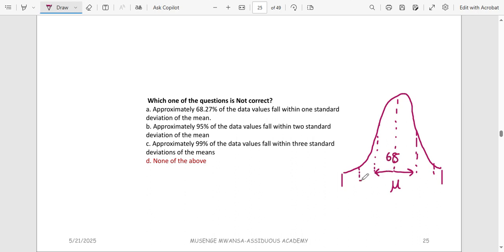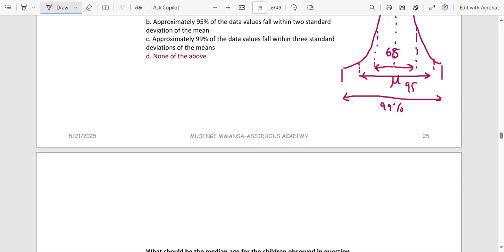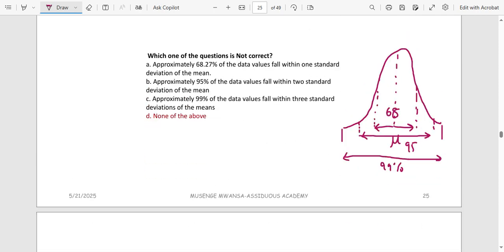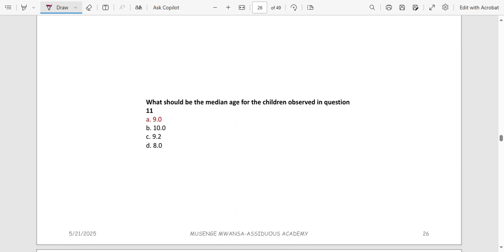Two standard deviations is from here up to there, that is 95. And then three standard deviations from here up to here, that's 99%. Okay, so meaning none of this is correct. We wanted what is incorrect, so none of them is incorrect, so none of them is correct.